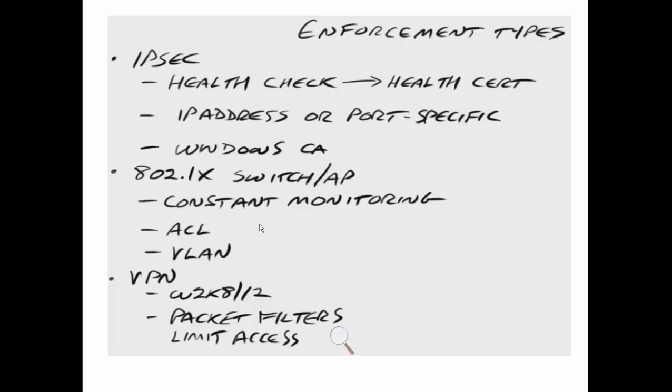So that's what we're going to use actually, our local traffic, which will be DHCP, right? So it could be wireless traffic as well. Definitely any type of traffic that is coming from any area, we can put that. VPN as well, packet filters we can put, limit access, that's what we are intending to do.